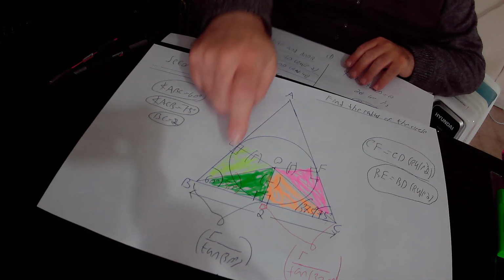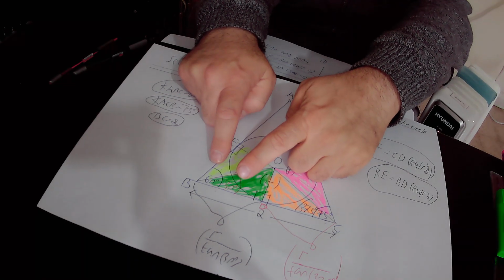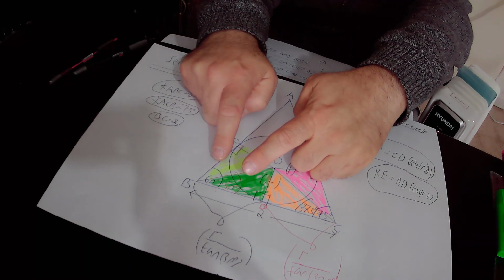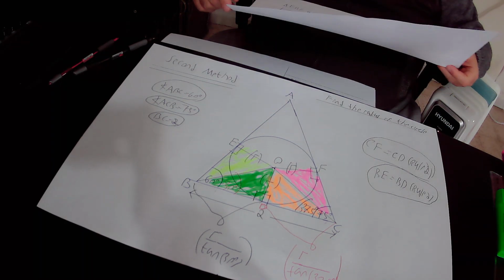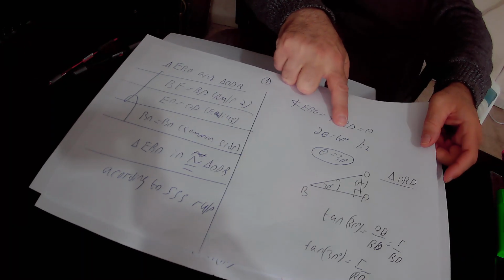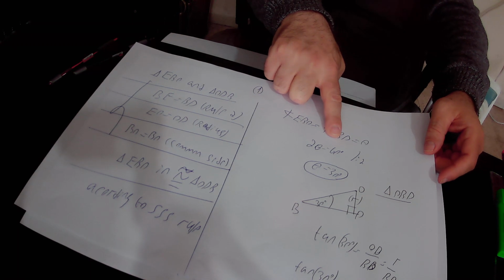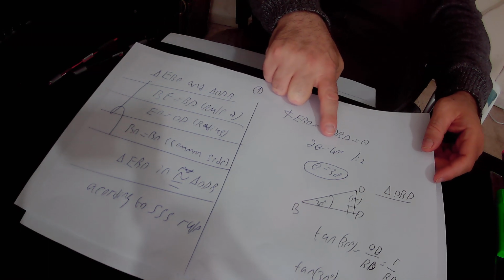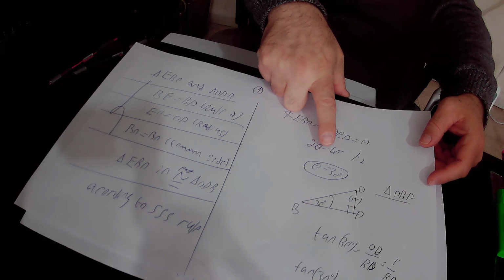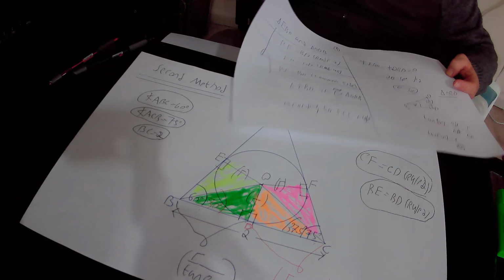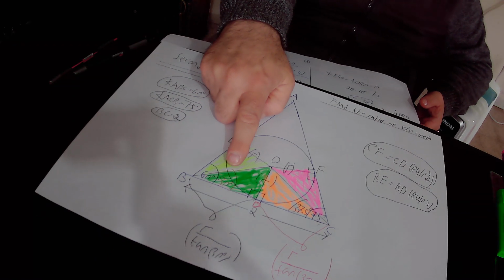So if we define one angle as theta, then the other angle must also be equal to theta. So theta plus theta equals 60 degrees. That is to say, 2 theta equals 60 degrees. We divide this equation by 2 and find that theta equals 60 over 2, that is 30 degrees. So this angle theta is equal to 30 degrees in size.